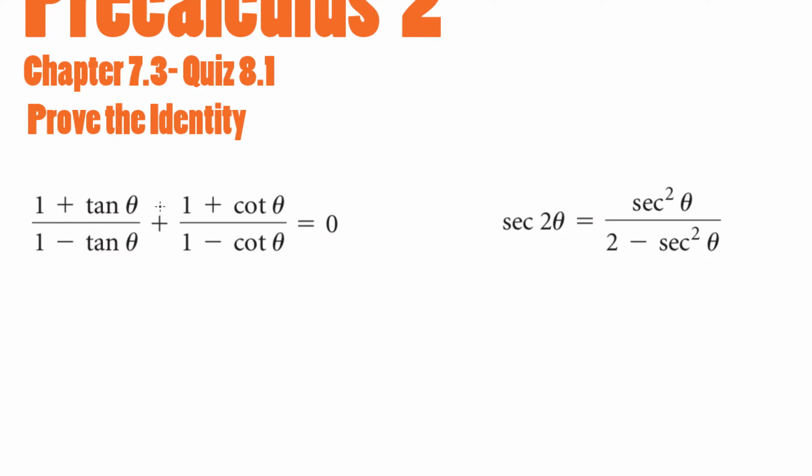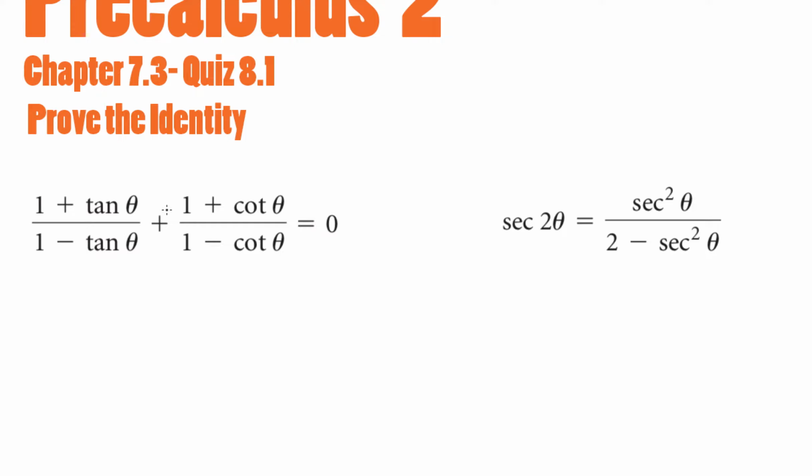Well, I have a fraction. My intuition should say, okay, find a common denominator. That might not work, right? It's not always a very straightforward approach, but that's what my intuition says.